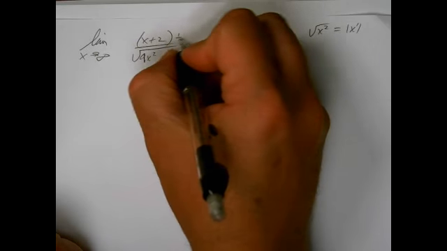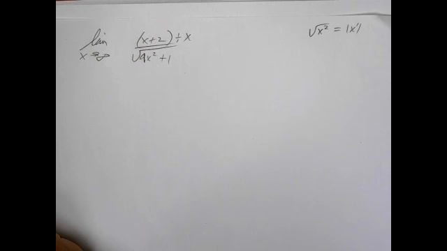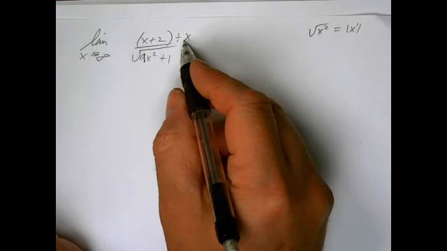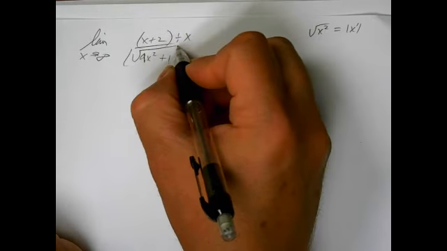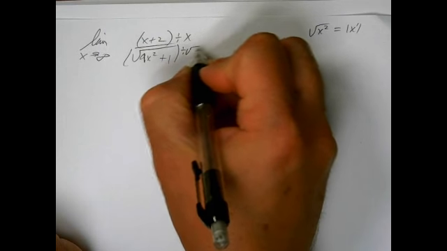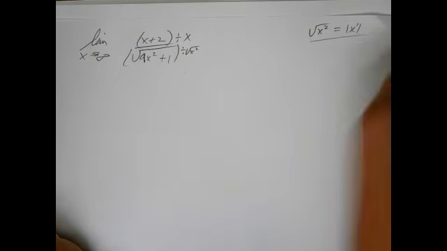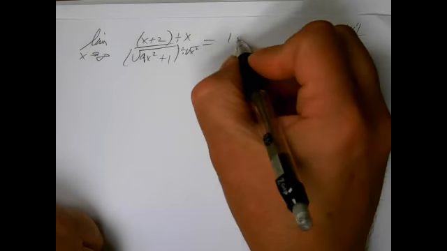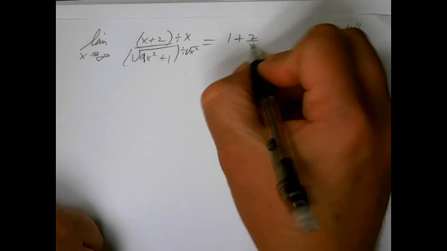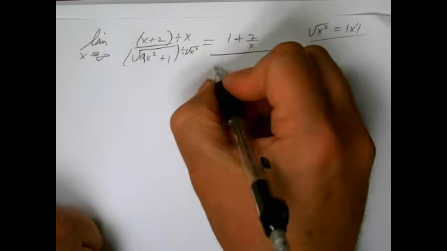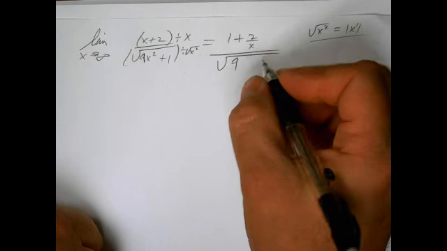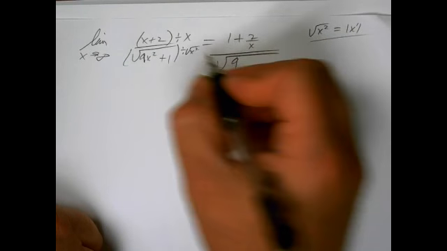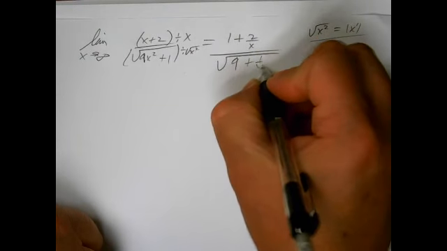So I divide top and bottom by x. Kinda. I divide the top by x. I divide the bottom by the square root of x squared, and again, remember, that's the same thing as the absolute value of x. Well, on the top, it gives me a 1 plus a 2 over x. On the bottom, that gives me the square root of 9, because the x squared canceled the x squared, plus a 1 over x squared.